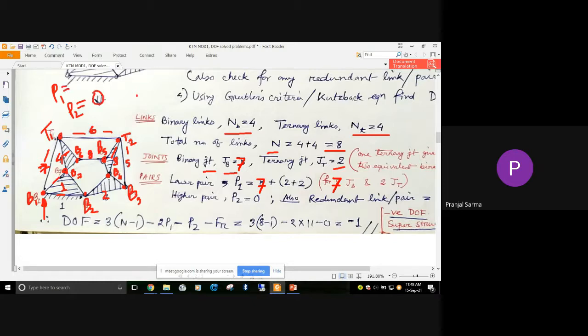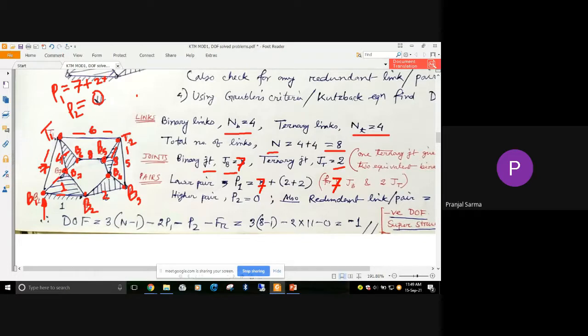For finding p1, we go by the method of joins. Now 7 binary joins, so that is 7 pairs, plus 2 ternary joins.